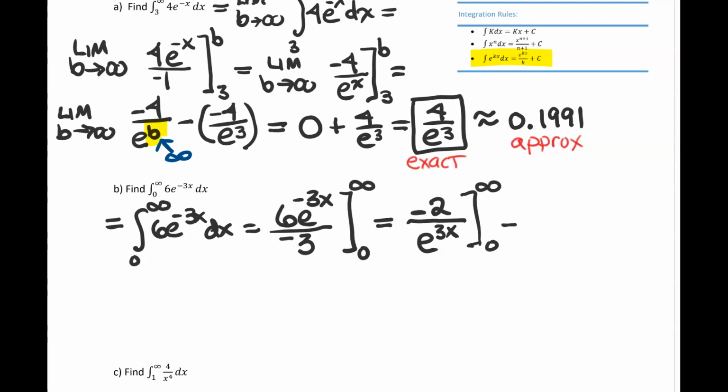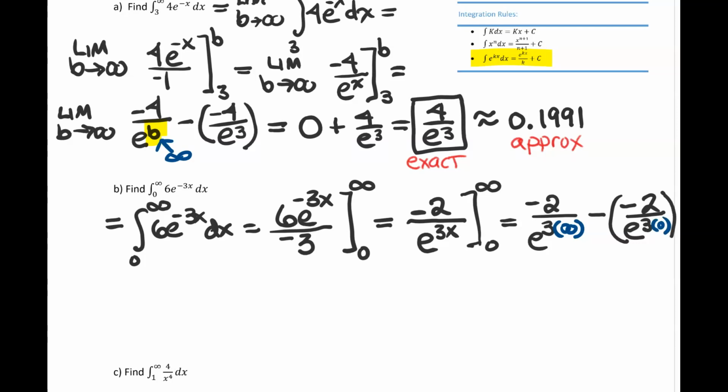Okay, so now plugging in 2 over e to the 3, and then I plug in, even though it's not exactly possible, infinity, minus, and then I have a negative, don't forget negative, 2 over e to the 3, and I'm going to plug in 0.